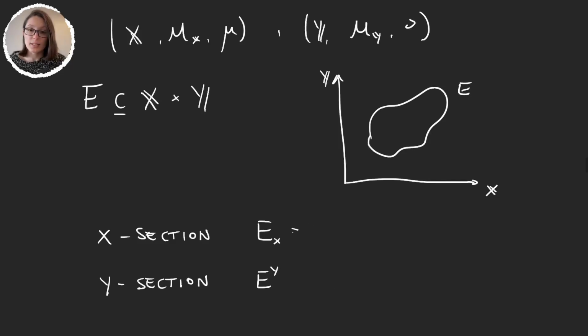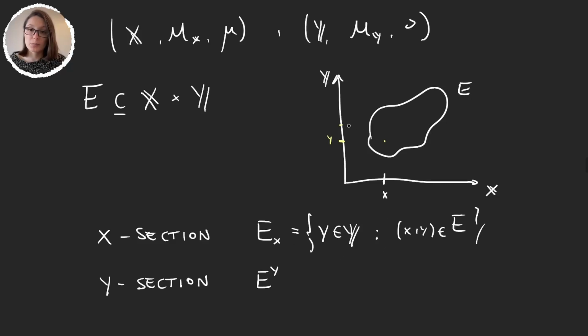So what's E_x? Well, I'm fixing some element x in the space X, so here in the domain. And I'm going to look at all the elements in Y such that the point (x, y) is in E. So I look at this element y, and I say, oh, is (x, y) in E? Yes, it is. So y is in this set.